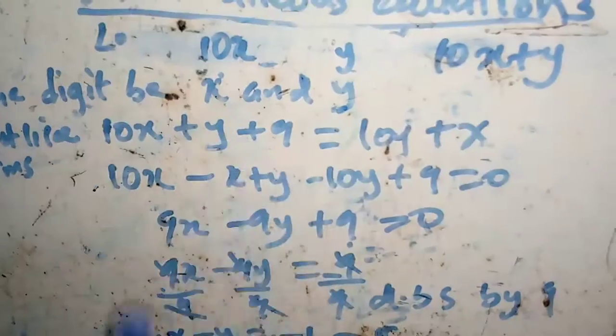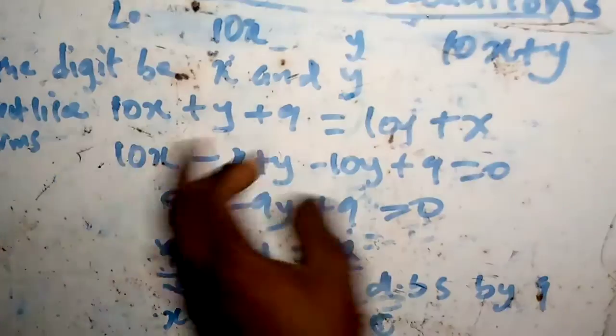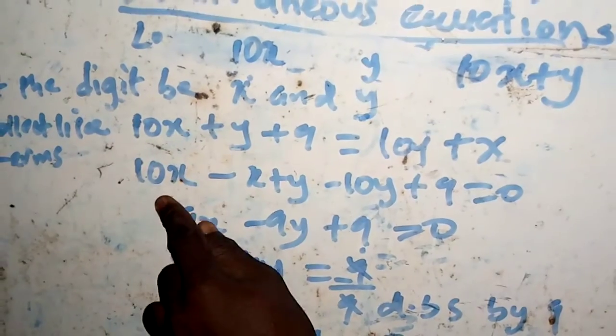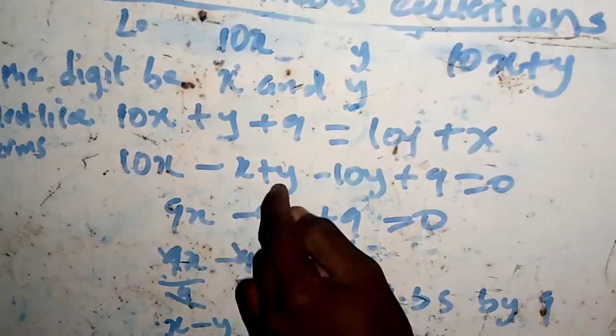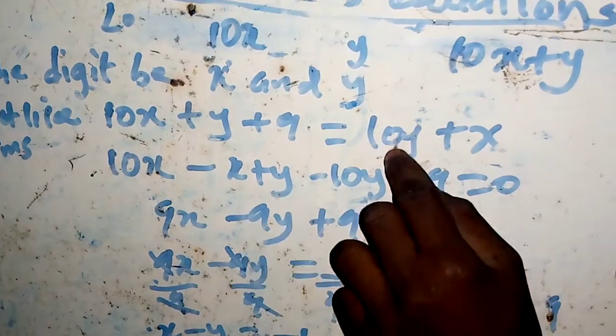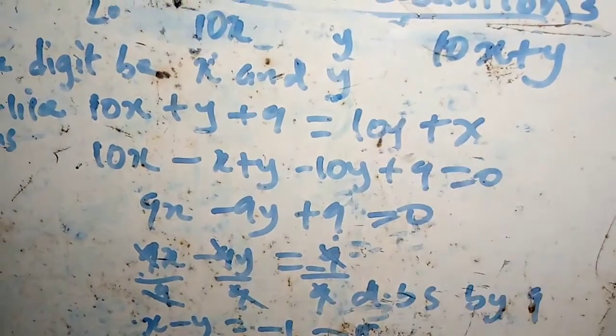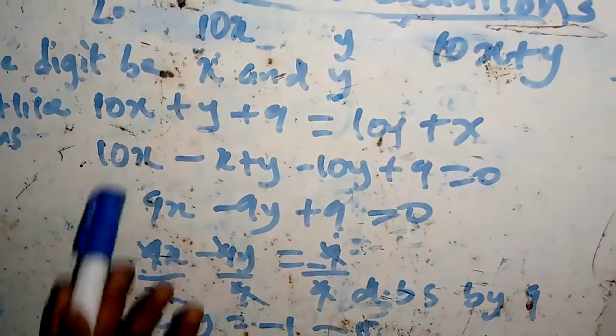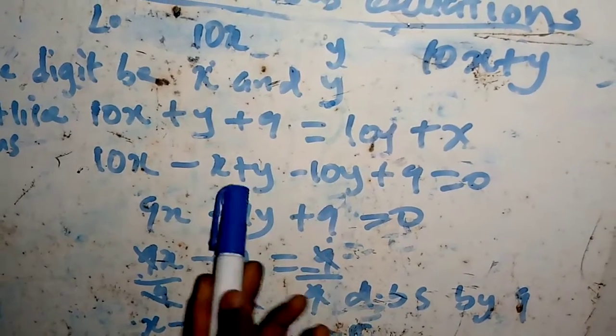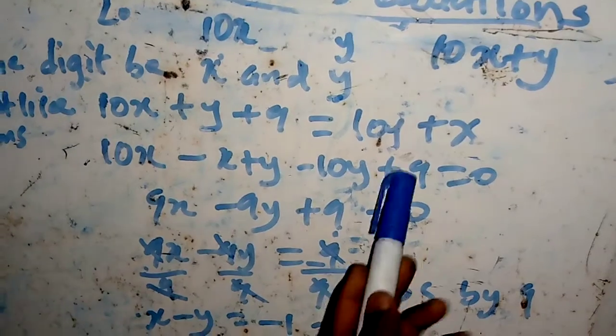So we collect our like terms. 10x, plus x coming to this side turns minus x, plus y also coming to this side, minus y, then plus 9 equals what's left, 0 is here. When you subtract, that's 9x, minus 10y minus y is minus 9y, then plus 9 equals 0.